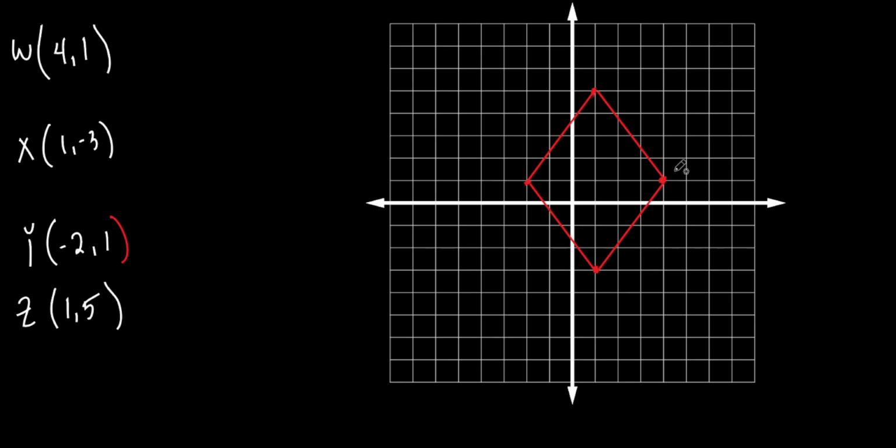So 4, 1 is W. 1, -3 is X. -2, 1 is Y, and this would be Z. Okay, so now looking at this thing, we've got to figure out what formula we are going to use. What kind of quadrilateral is this thing?